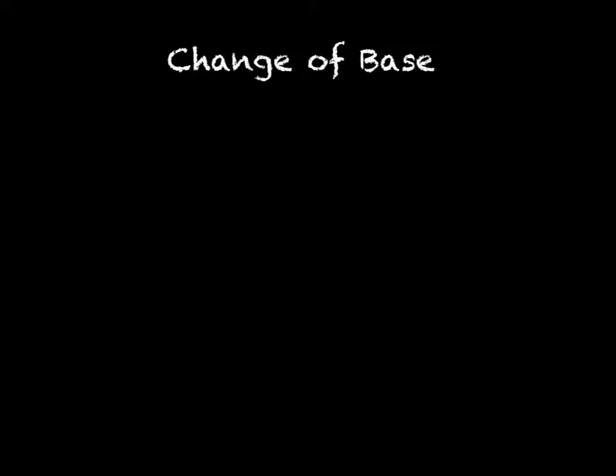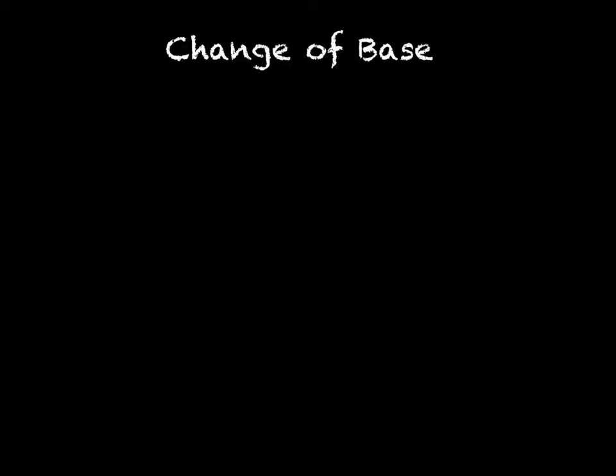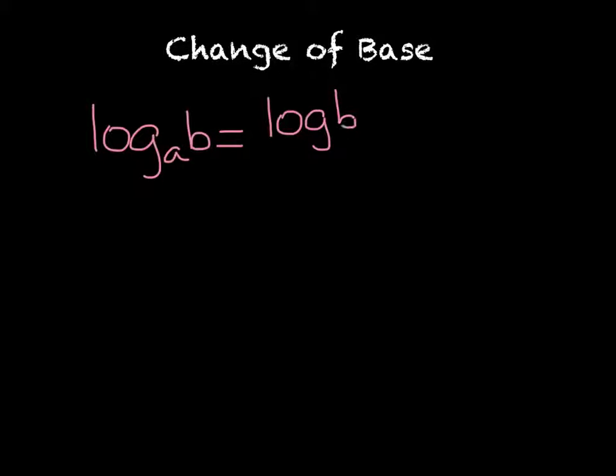There is an important property of logarithms that allows us to change bases. So if we have the log base a of b, one way we can write this is log of b over log of a, taking the base to be any number c.